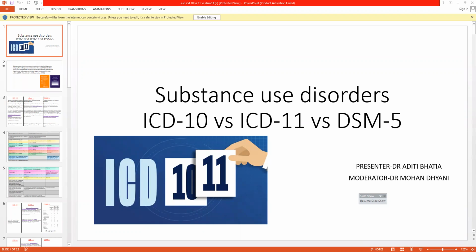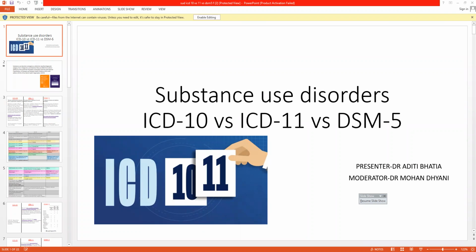In ICD-10, withdrawal state is one of the indicators of dependence syndrome. The ICD-10 diagnosis of substance withdrawal state with delirium is replaced in ICD-11 by the diagnosis of substance withdrawal specified with perceptual disturbance, or an additional diagnosis of substance-induced delirium wherever appropriate.